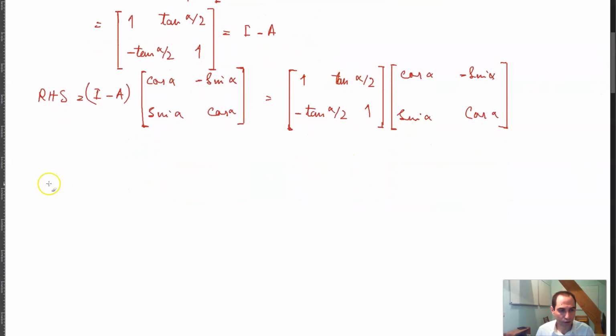And if you do the calculation, what you will get is basically this row times this column gives you 1 times cos alpha is cos alpha, plus tan of alpha by 2 times sine alpha. Then this row times this column gives you negative sine alpha, tan of alpha by 2 cos alpha, plus tan of alpha by 2 cos alpha.